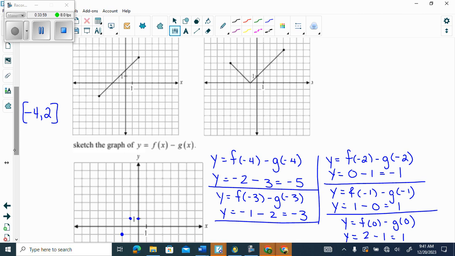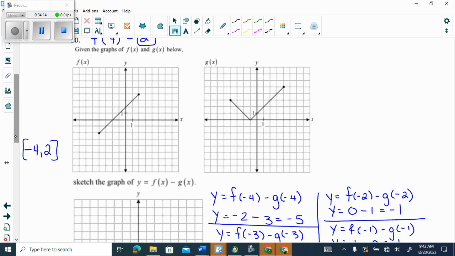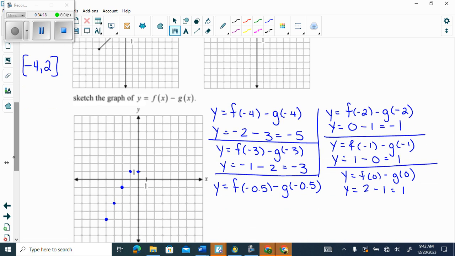So I'm going to use -0.5. f of -0.5 minus g of -0.5. So f of -0.5 is 1.5, and g is 0.5. So it's 1.5 minus 0.5, which is 1.